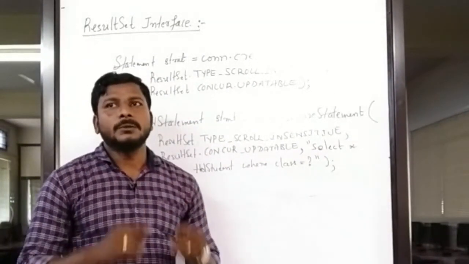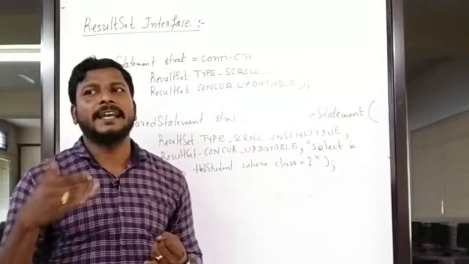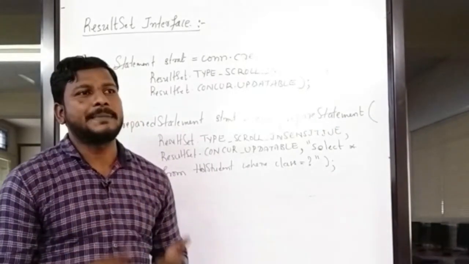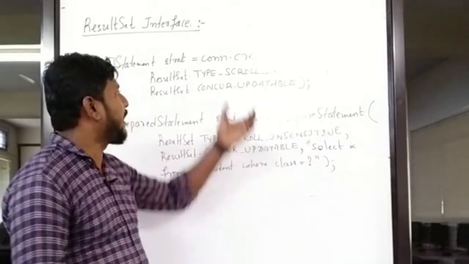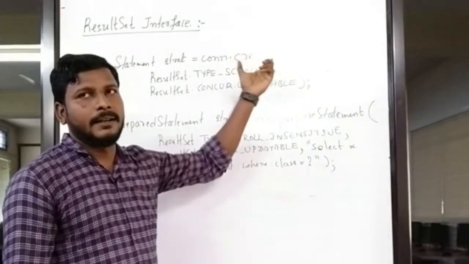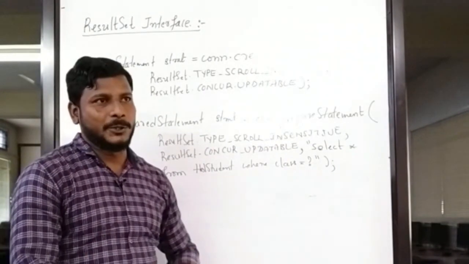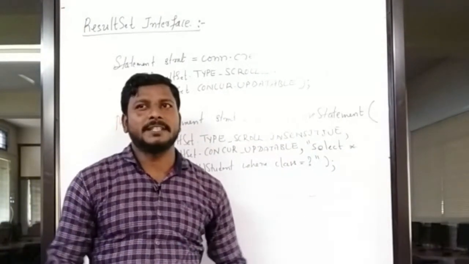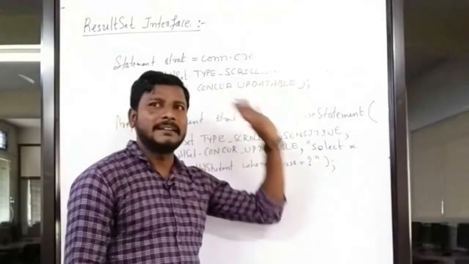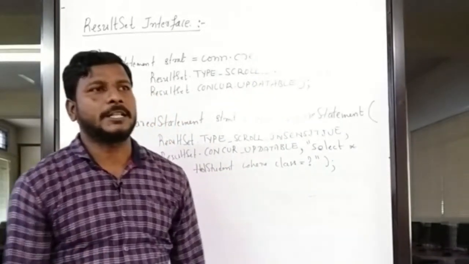If you want to use navigations like first, next, previous, last, mixed with absolute and relative, then you should add these two keywords in the create statement or the prepare statement. But if you are not using navigations, there is no need to add them; you can execute directly without these keywords.